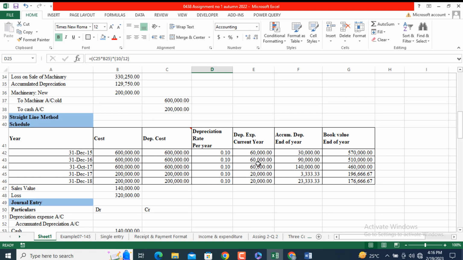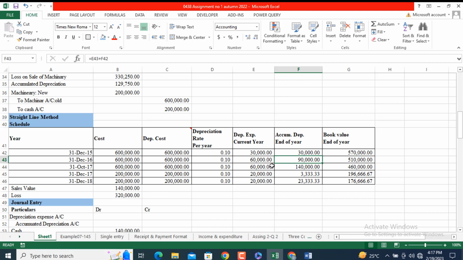this is the same amount. So accumulated depreciation, so you should correct it here, 30,000, 30,000. And it should be 30,000.